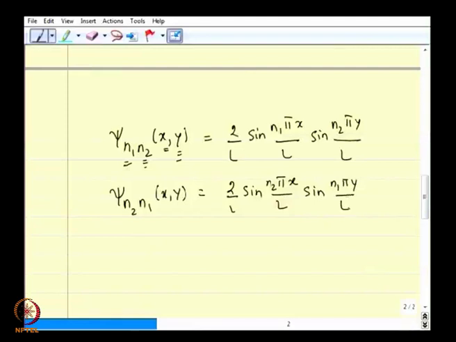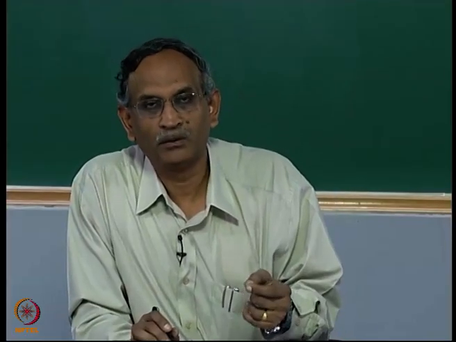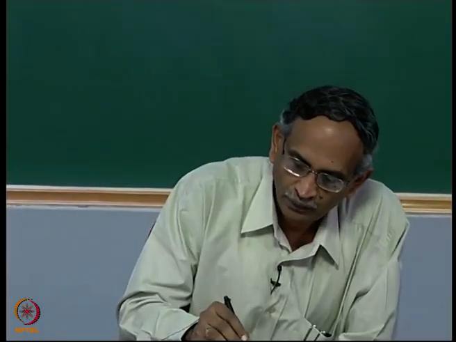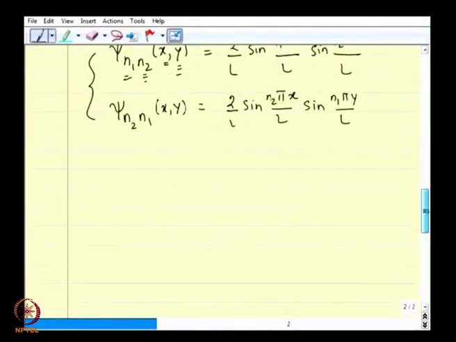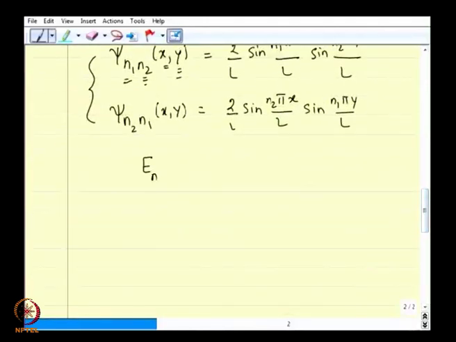We stick to the convention that the first quantum number refers to the first coordinate, the second quantum number refers to the second coordinate, but both of these states have the same energy, that E n1 n2 is equal to E n2 n1, which is given by h square by 8 m L square, where L is the box length or the side of the square, times n1 square plus n2 square.